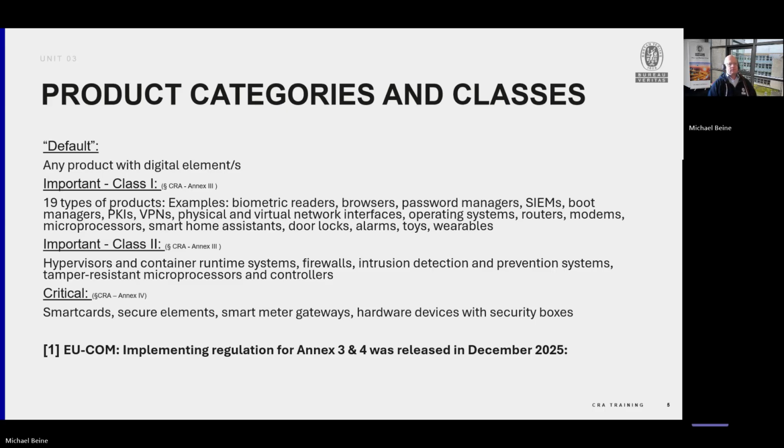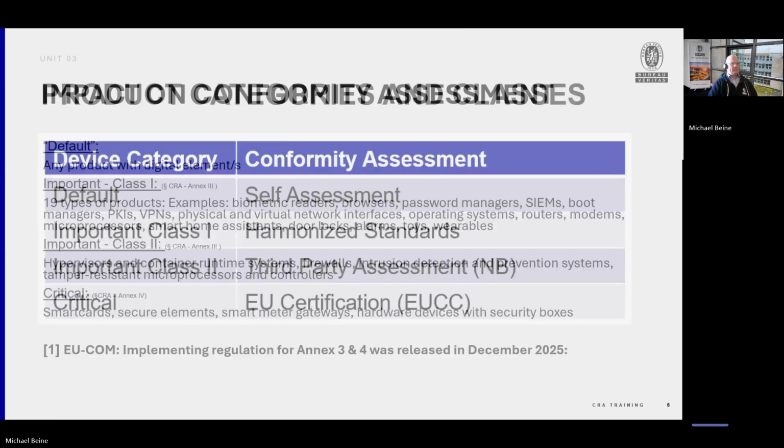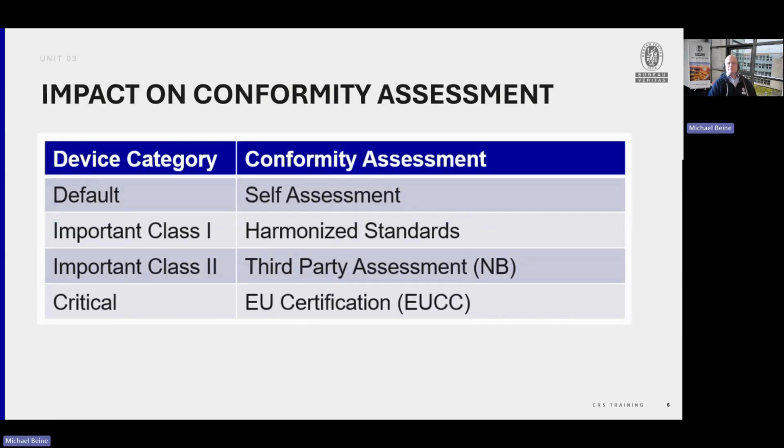Okay, very good. There is also a question related to the difference between a self-assessment and the harmonized standards and the relationship between them. Yes, okay. That is mostly on this slide. So in the default category, self-assessment is possible, and in the important class 1, self-assessment is possible.